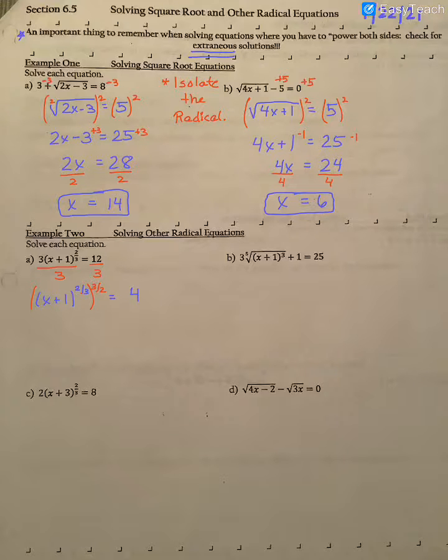So since it was 2/3, I picked 3/2. Now, if I raise the left side of the equation to the 3/2 power, then I need to do the same thing for the right side. Okay, so I use the reciprocal power there.